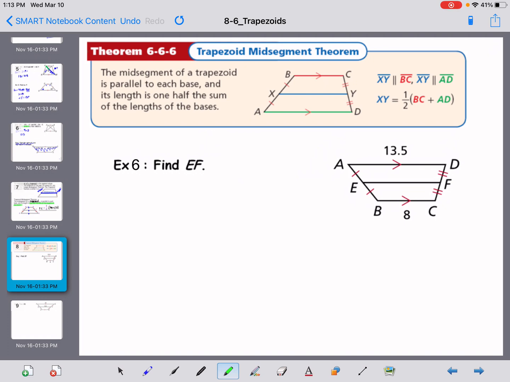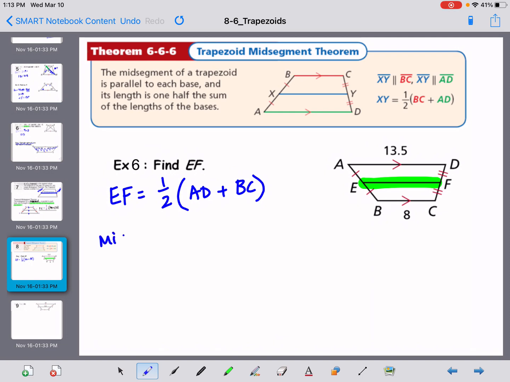Quite simple. Here's my mid-segment, EF. EF is half of the other two, AD plus BC. You're going to see the formula, and it's not going to be exactly the same formula every time.